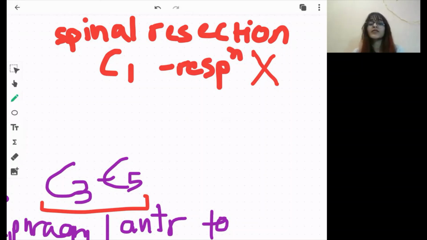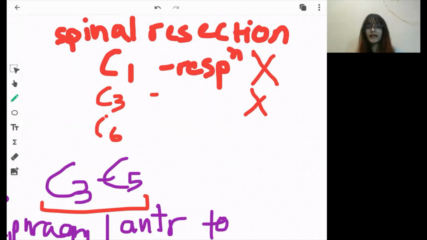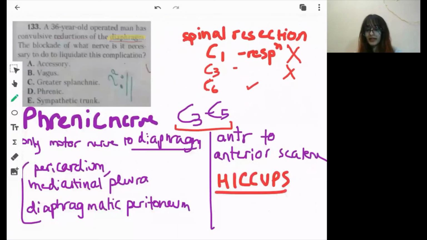There will be no respiration, not even shallow, not deep. If they say at C3, again the respiration will not take place, and at any level below C5, the respiration will not stop. It will take place. So that was its clinical significance.